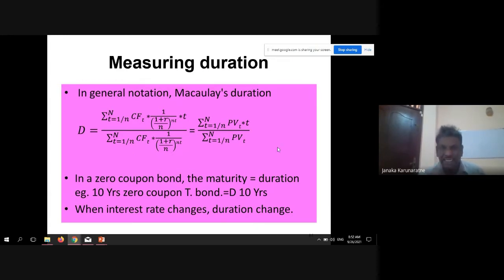It's basically a summation of the multiplication of present value into time factor. So what you do is you take each cash flow of the particular asset or liability and take the present value of that cash flow, multiplied by the time factor.